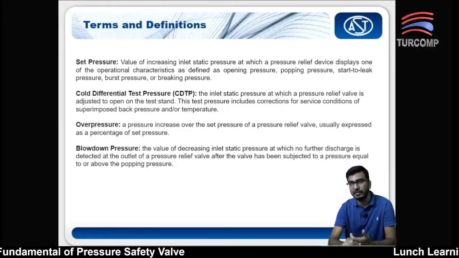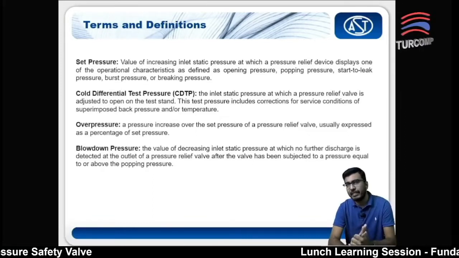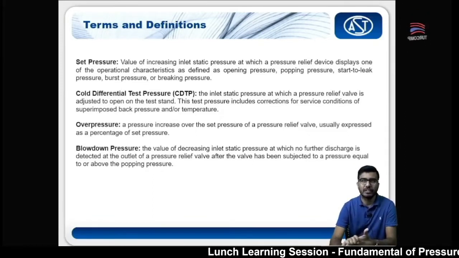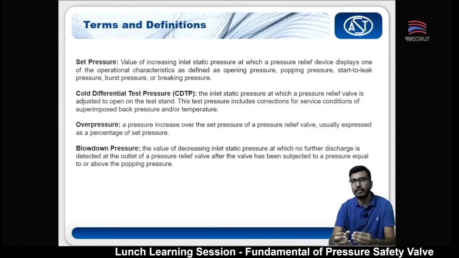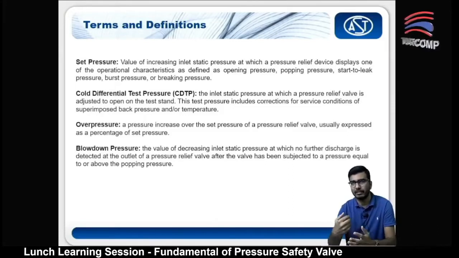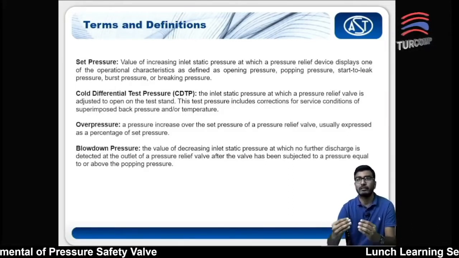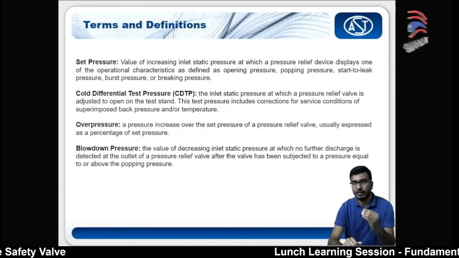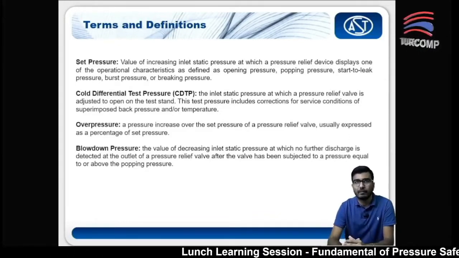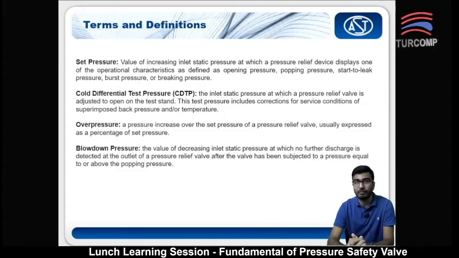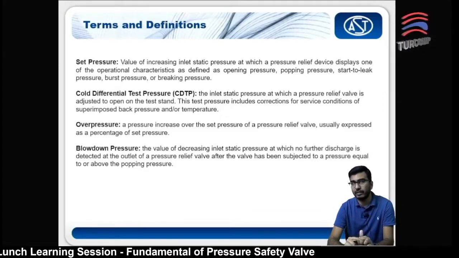your piston up. So CDTP, cold differential test pressure, is also the inlet static pressure. You see, in the set pressure it started to gradually increase, but CDTP is the point where it stays static. It's a static point, only one value, which a pressure relief valve is adjusted to open on the test stand.